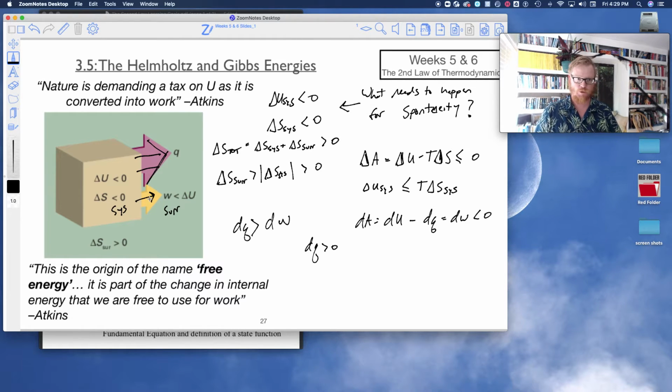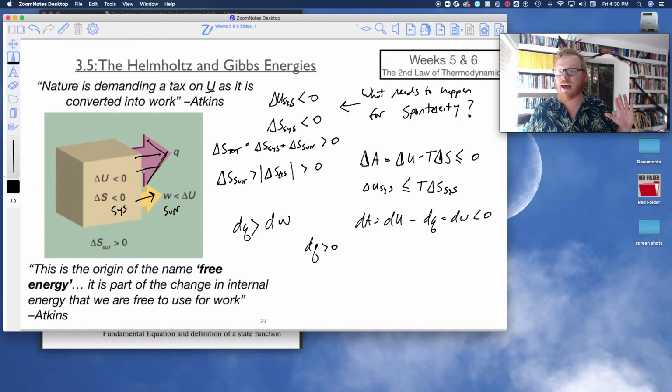And so what's happening here is, Atkins puts it very nicely, nature is demanding a tax on you as it's converted into work. And the tax on that is the free energy, okay? It's the part of the change in internal energy we are free to use for work.